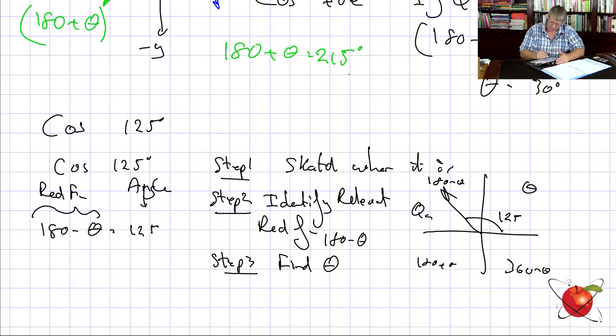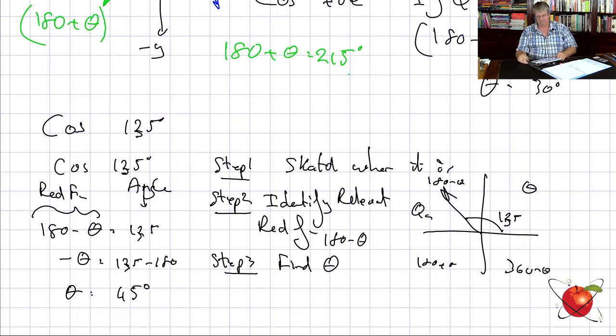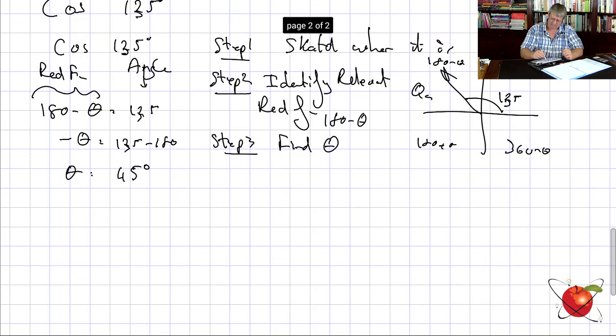Therefore, minus theta is 125 minus 180. Theta is going to turn out to be 45. Sorry, 135. Let's just change it to 135, if you don't mind. And it becomes 135 is 45 degrees. I've just used this because it's a special angle, but the same would apply if it wasn't. We'll do a few more with them. So we say theta is 45.